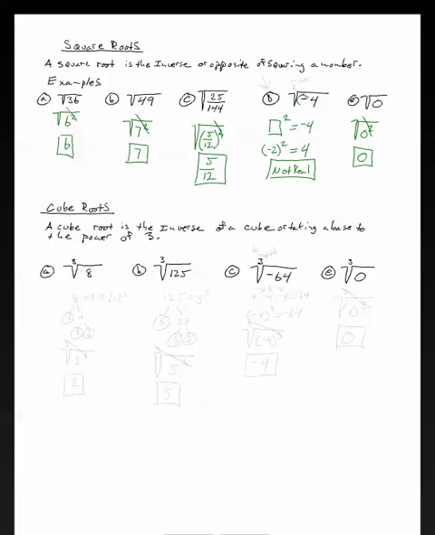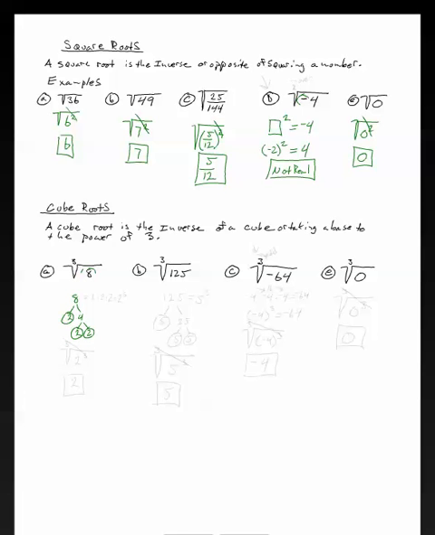So sometimes this is easiest to do with prime factorization first. So if we take 8 and we want to know, is 8 something to the power of 3, we'll just break it down into its prime factors. 8 is 2 times 4. I circled a 2 because it's prime. And 4 is 2 times 2.